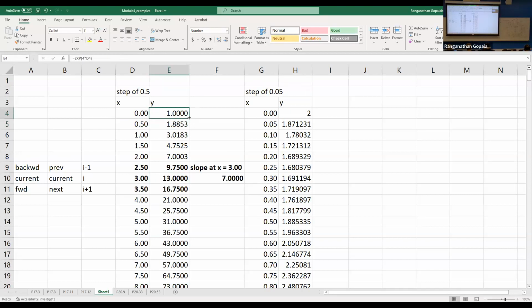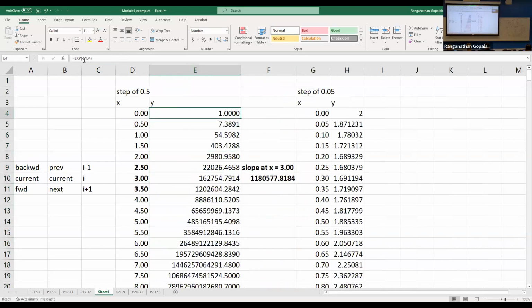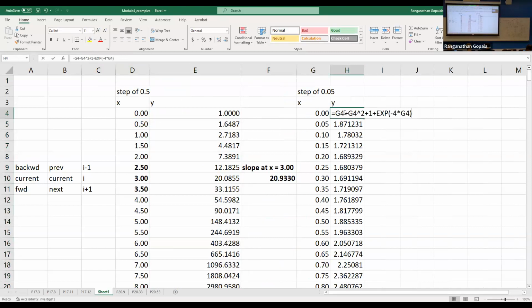Okay. Or I'll write exponent of x. All right. So you don't have to write.